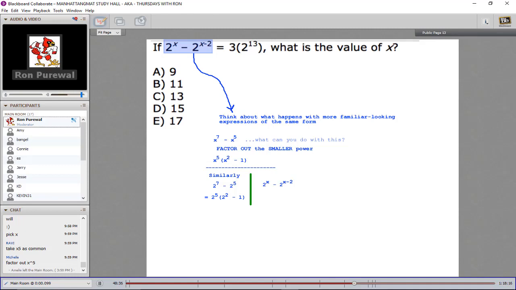So you pull out that. And then when you take x minus 2 away from x, you get 2. So this is the same thing. This is actually the same as this.